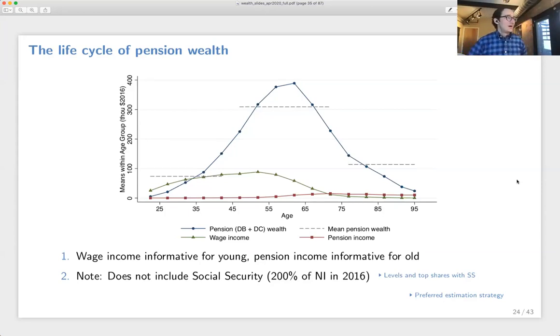We've disciplined the model using SCF data, including a recent addition to the SCF, which adds unfunded defined benefit pension wealth by Sabelhaus and Henriquez Volz. This does not include Social Security, which in 2016 accounts for about 200% of national income, something like $30 trillion. That's a big number, and just something to keep in mind.